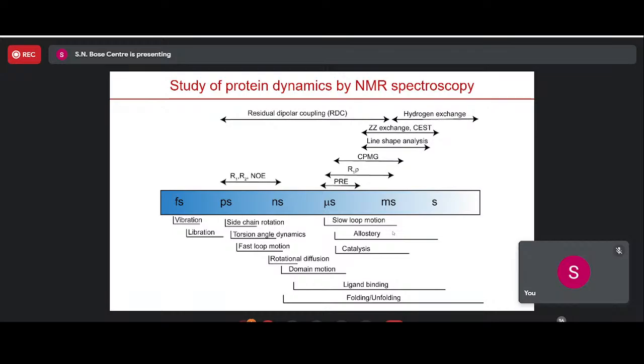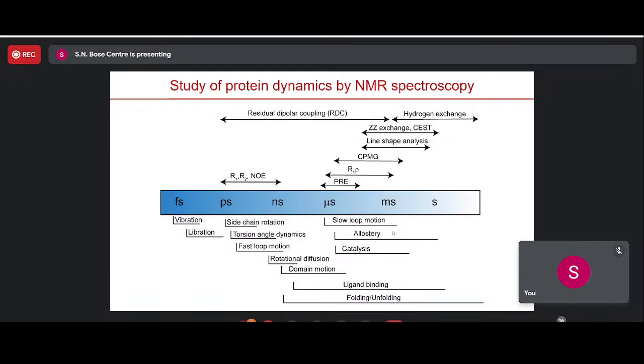So this is the range of dynamics that can happen in proteins. This is femtoseconds, picosecond, nanosecond, microsecond, millisecond, and second. So very slow processes and very fast processes. And the different processes that happen in these different time scales are listed down here. For example, very fast vibration motions happen in the femtosecond time scale.